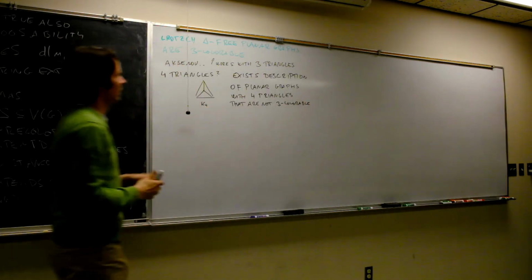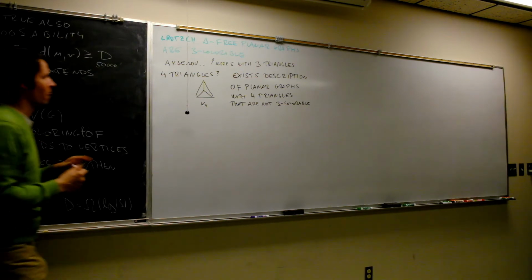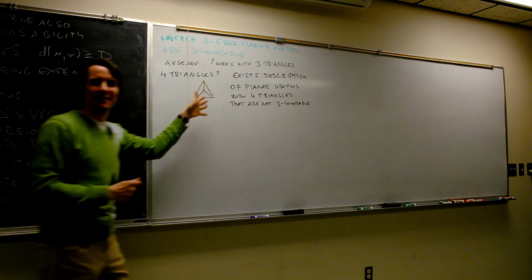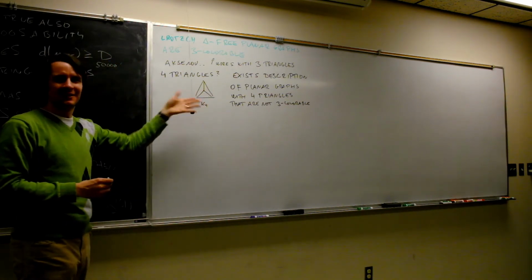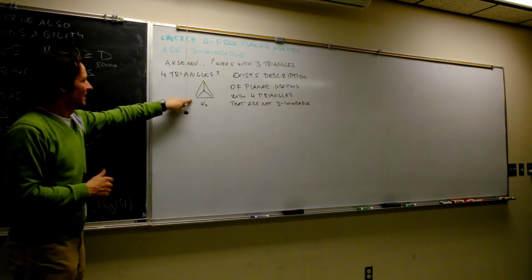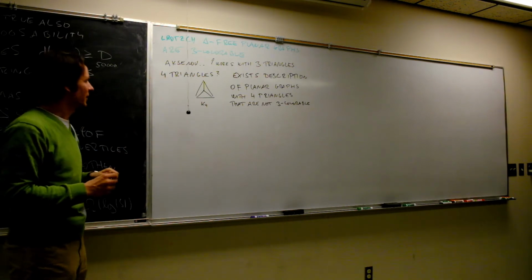And this is a result of Dvořák, Kráľ, me, and Matthew. How would you describe graphs that are not three-colorable and have four triangles? So this is a graph that has four triangles and it's not three-colorable.